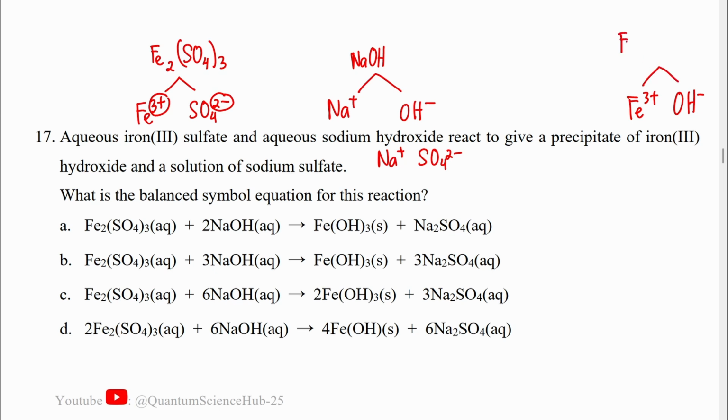So Fe takes this 1 time, but since it is 1, you don't have to put it. And OH altogether will have this 3 times. Next, Na+ and SO4 2-. So I will take yours, you will take mine. So become Na2, we'll take this, and SO4 1 time.